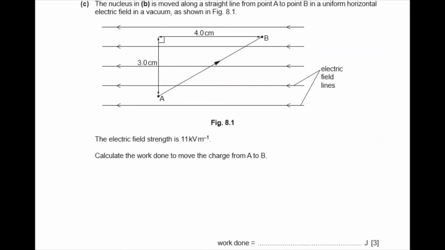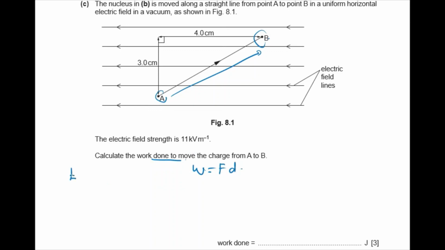8C, the nucleus in B is moved along a straight line from point A to point B in the uniform horizontal electric field in a vacuum as shown in figure 8.1. The electric field strength is 11 kV per meter. Calculate the work done to move the charge from A to B. Work done equals force times distance. So first we have to calculate force.